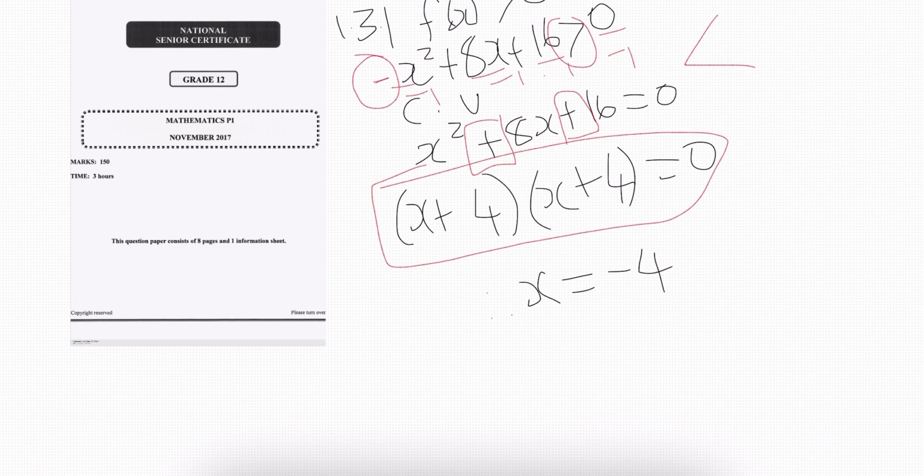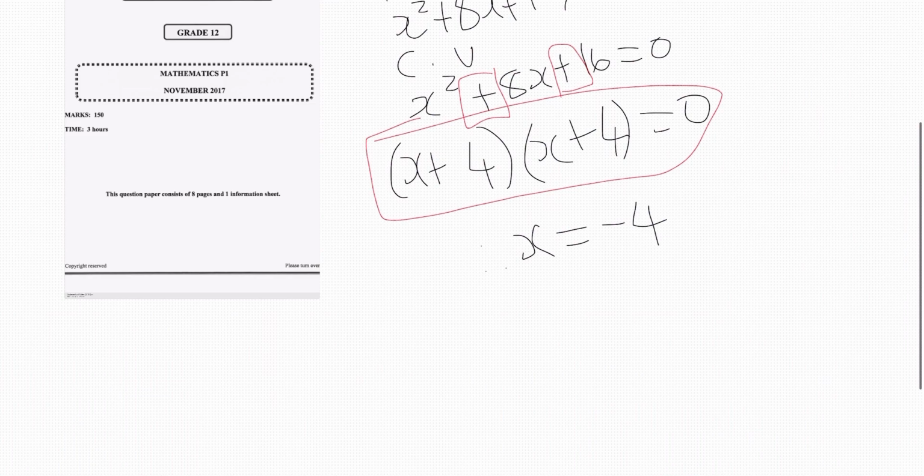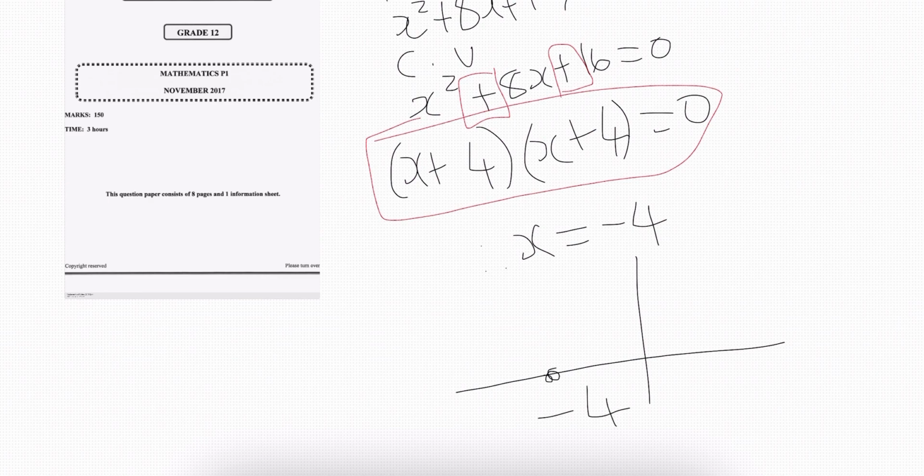So let's draw our function. Then maybe let's just erase what I was saying, because it's not that relevant to the problem at hand. Okay, cool. So our function looks like this. At -4, my graph has a point here.